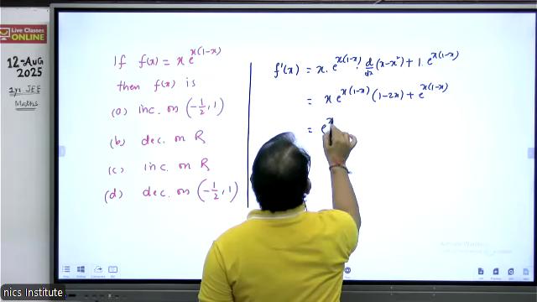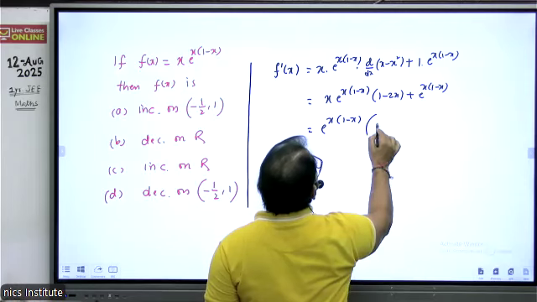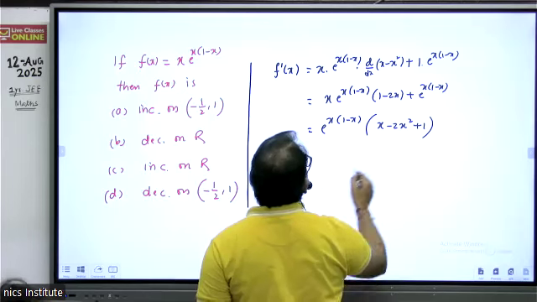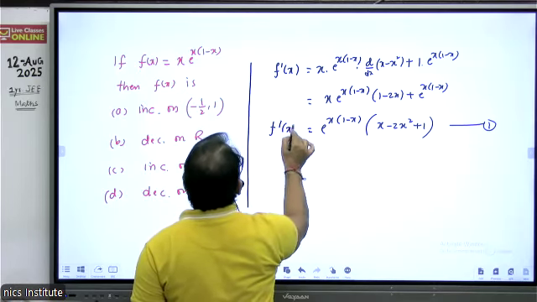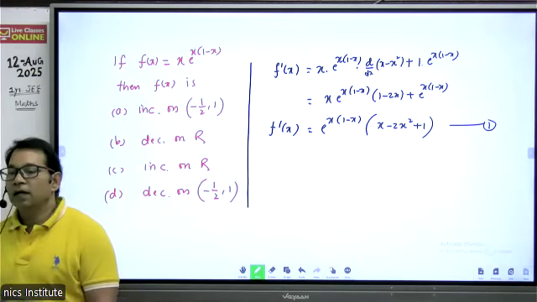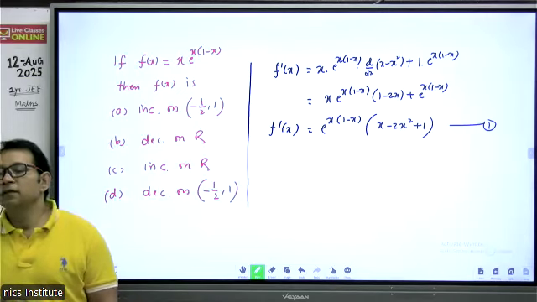e to the power x into 1 minus x common. It will be x minus 2x square plus 1. This is the derivative. Is this the derivative?